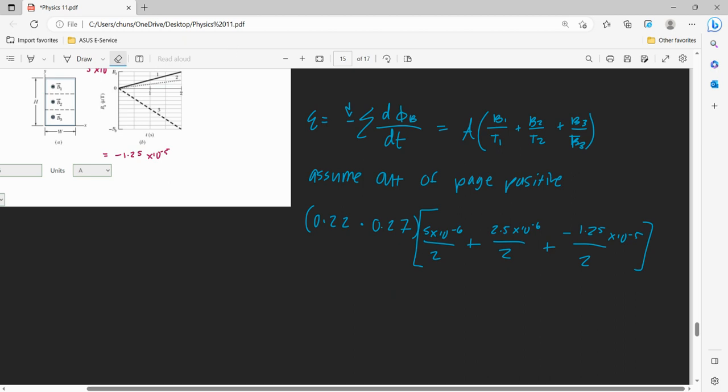And this equation also needs to include over 3, since we have 3 sections. Sorry, so now, there we go, there's our answer. This gives us negative 4.95 times 10 to the negative 8, which is equal to positive 4.95 times 10 to the negative 8 induced.